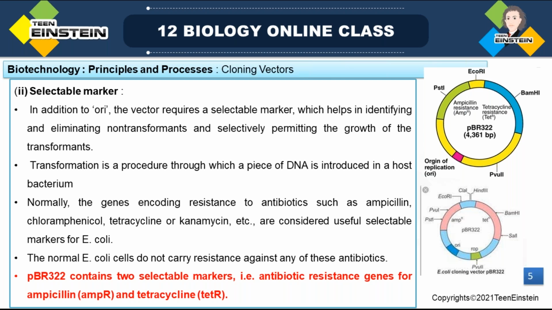A selectable marker is used to identify the transformed cells or the recombinants, and that is how we can make selections and eliminate the non-recombinants also. With the help of selectable markers, we can identify the transformed ones.